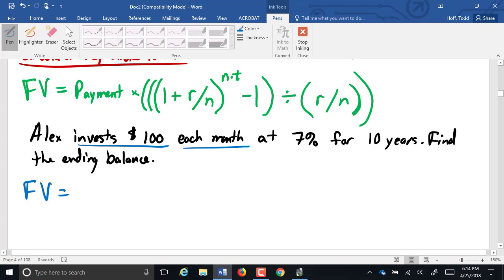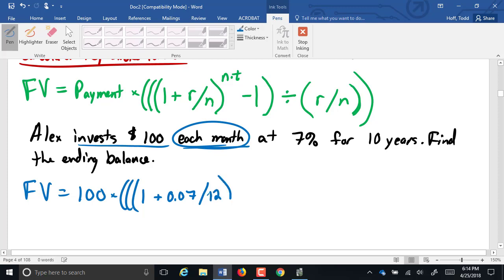We know the payment, that's $100 times 1, 2, 3 parentheses. 1 plus, what's R? 0.07 divided by, what's N? Now it doesn't say compounded monthly or compounded quarterly, but the payments are made each month, which implies then it will be compounded monthly.